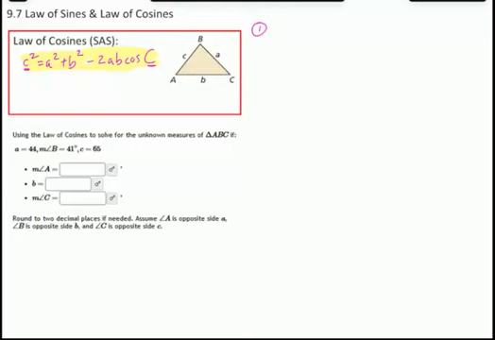The first thing you'll do is solve for the missing side, the side that's opposite the given angle, and then from there you can use law of sines or law of cosines to find the remaining pieces. So step one, use the law of cosine to find the third side.